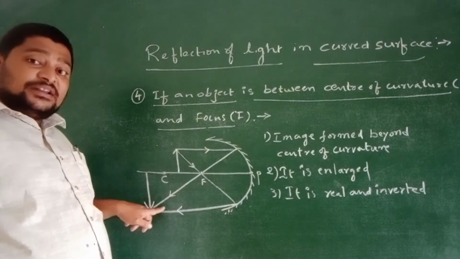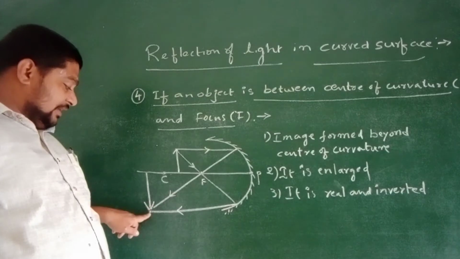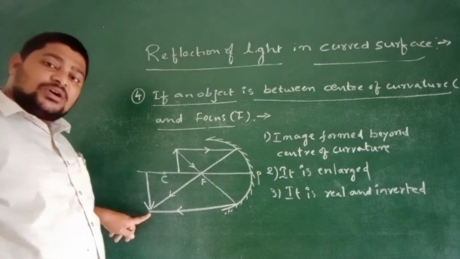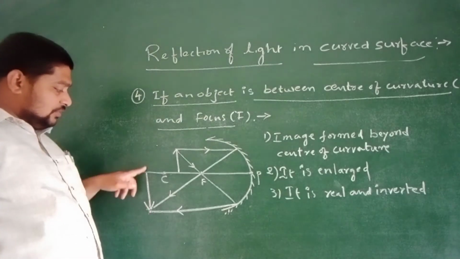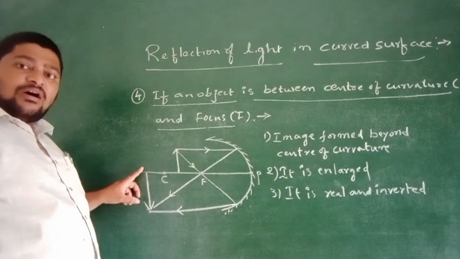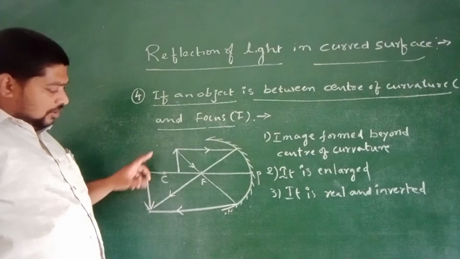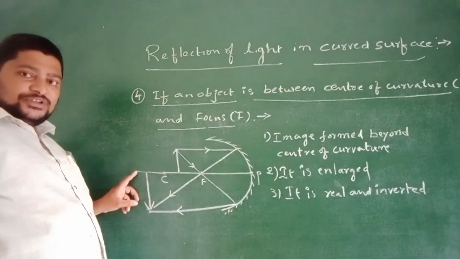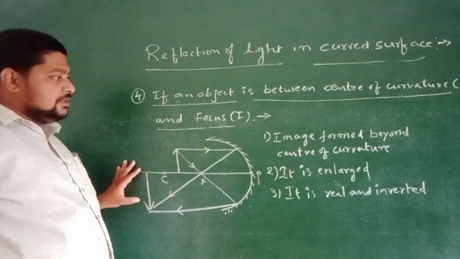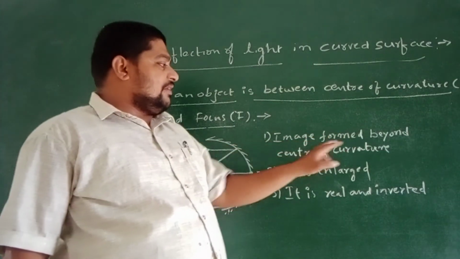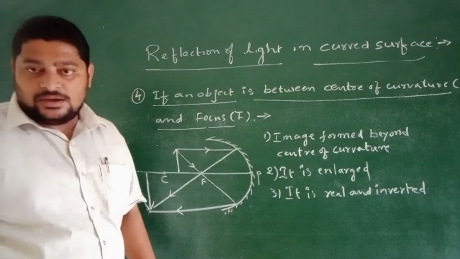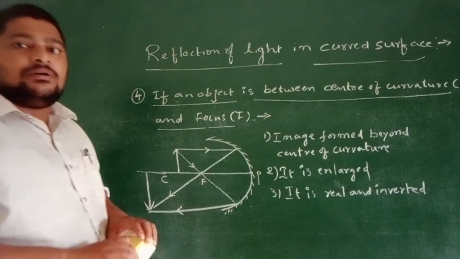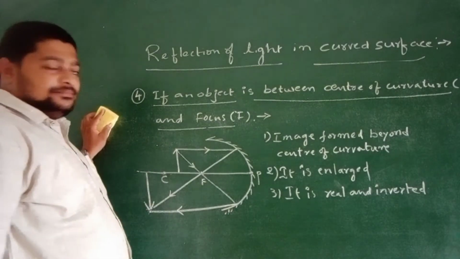Where the reflected rays meet, the image is formed there. Because the reflected rays meet at this point, the image is formed here. It is larger than the object, so it is enlarged. So the image is formed beyond center of curvature. It is enlarged, real and inverted. Now, fifth case.